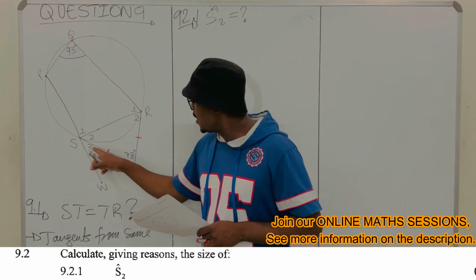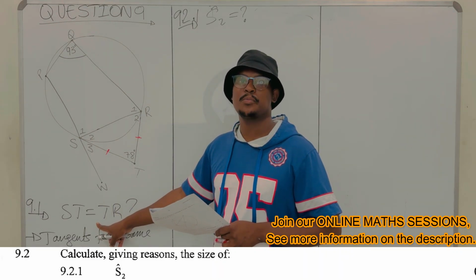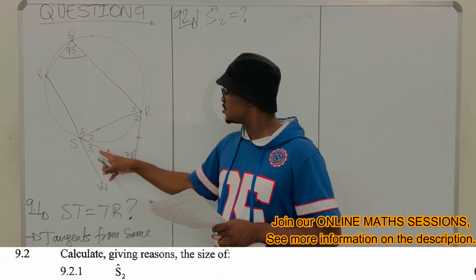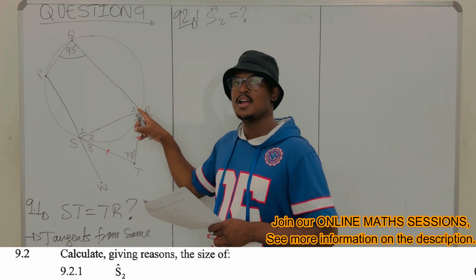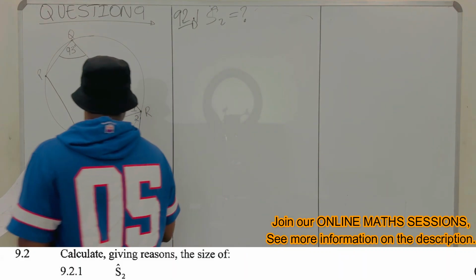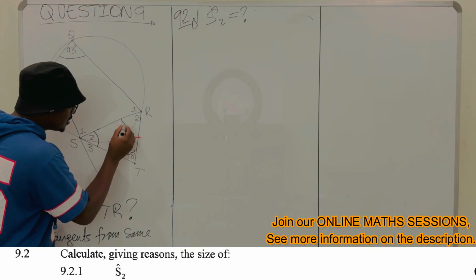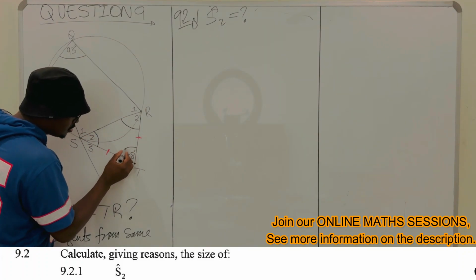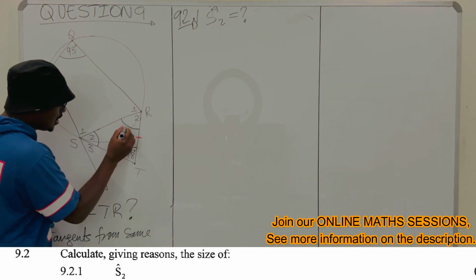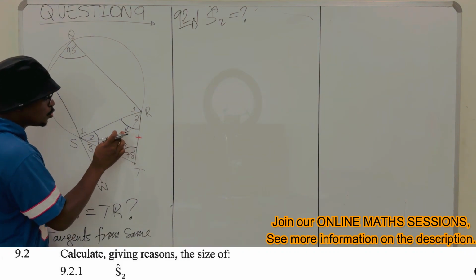So your ST is equal to your TR, as we have said here, because those are tangents from the same external point. Therefore, we have an isosceles triangle STR. What you need to remember is that if you have an isosceles triangle with three angles, each angle faces a side.